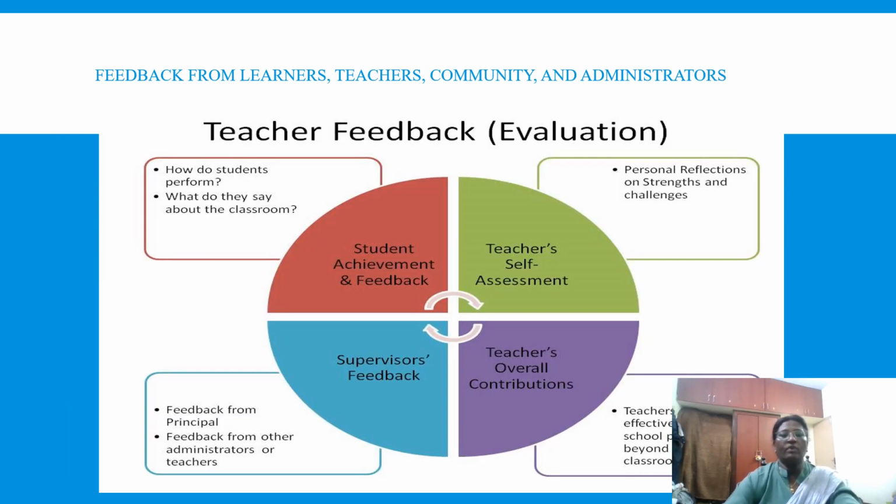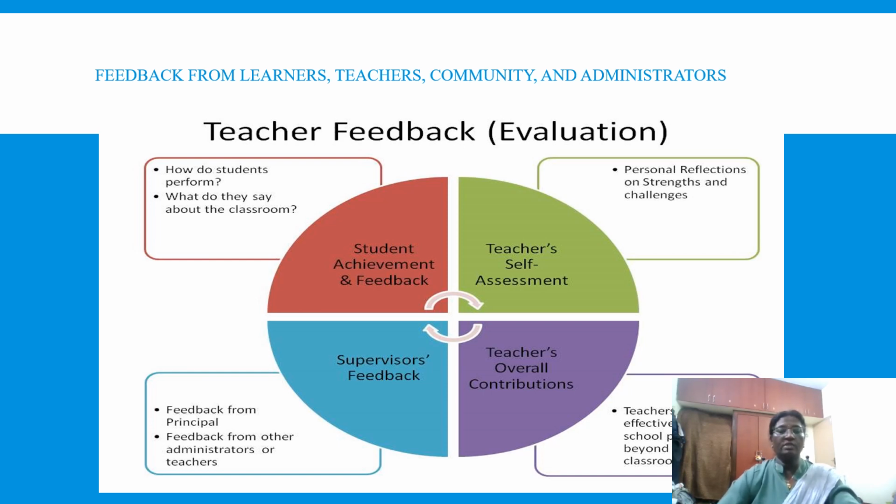Teacher feedback evaluation: students' achievement and feedback, teacher self-assessment, teacher's overall contributions, and supervisors' feedback. These are all the teacher feedback or evaluation. Teacher self-assessment is a personal reflection on the teacher's strengths and challenges, and effectiveness of the school, and their contributions, what contributions they have given to the children, overall contributions in the particular period.